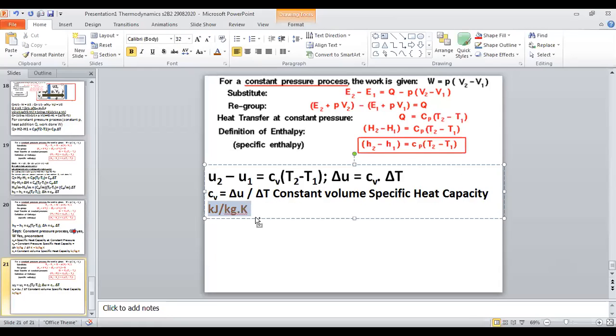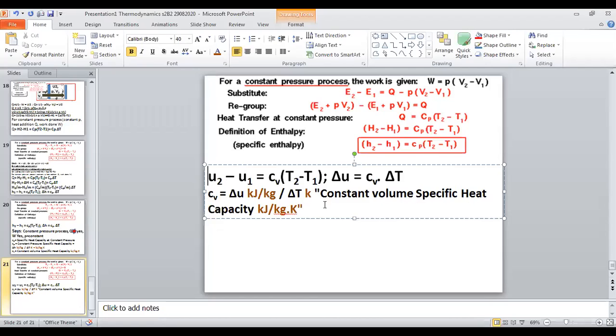Delta U unit is kilojoule per kilogram. Delta T unit is Kelvin. So Cv is constant volume specific heat capacity. The unit is kilojoule per kilogram per Kelvin. So unlike constant pressure Cp, you have constant volume Cv.